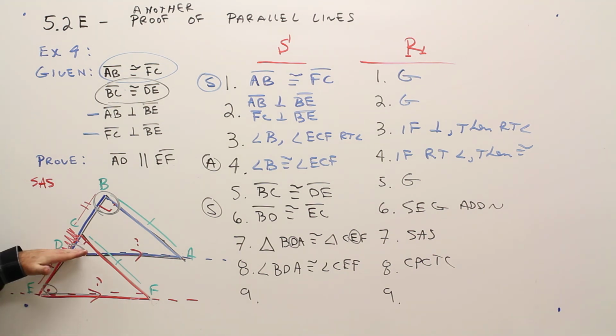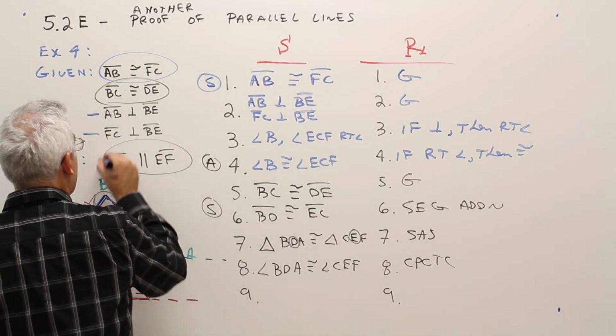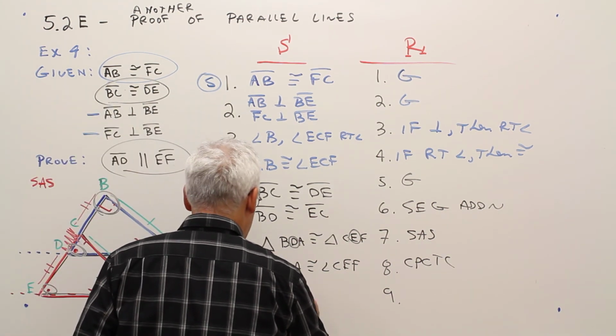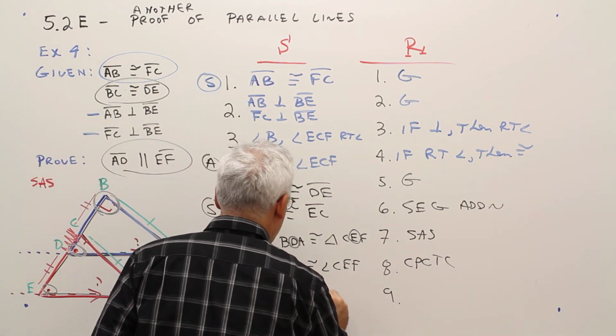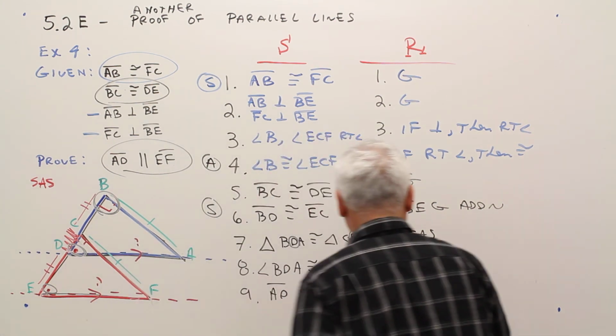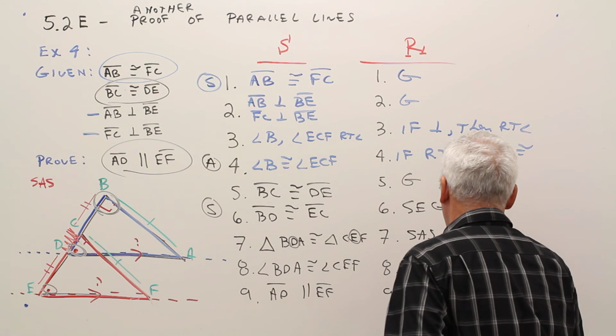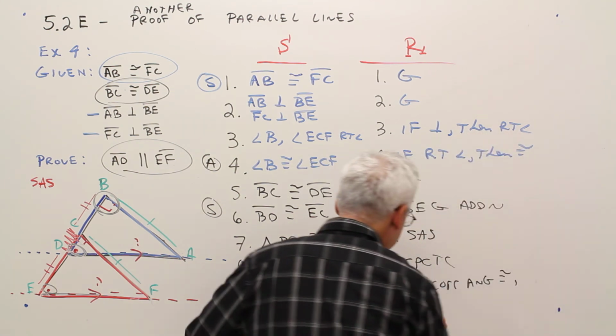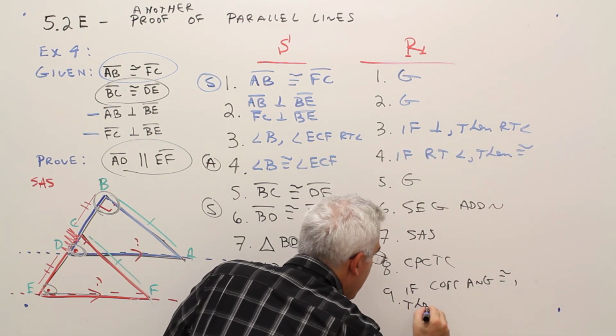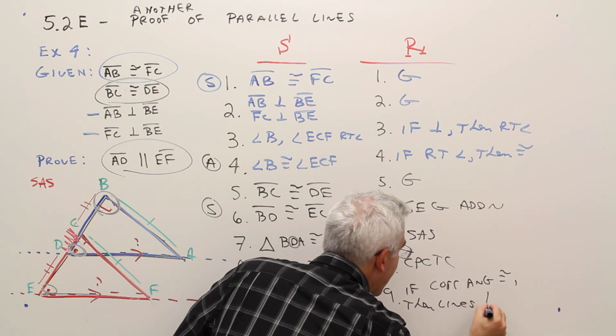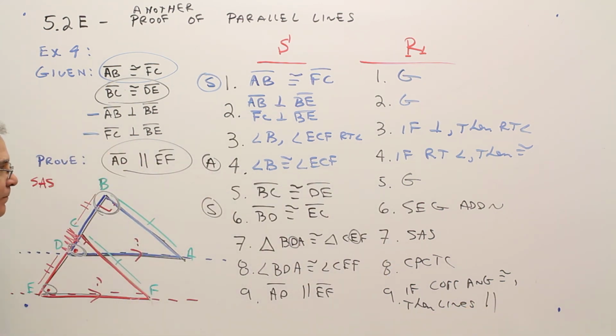They're both above the lines and to the right of the transversal. So AD is parallel to EF if corresponding angles congruent, then lines are parallel. And there you have it, another proof on parallel lines.